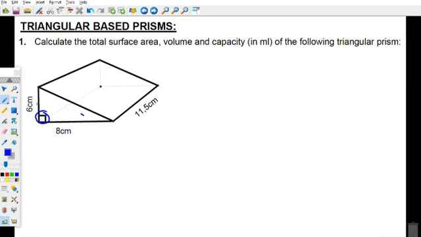A couple of you lost marks because you didn't put Pythagoras. So let's go and find it. My hypotenuse squared is equal to 6 squared plus 8 squared. And the reason? Pythagoras. Don't forget it. Anything we learned in those few chapters, you have to do.